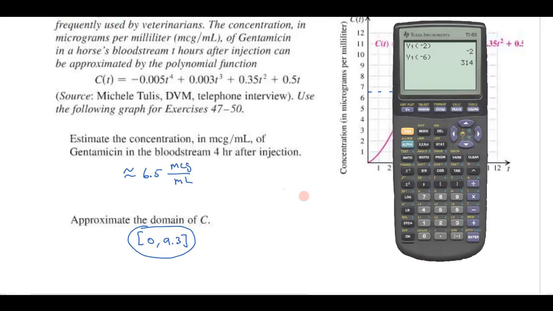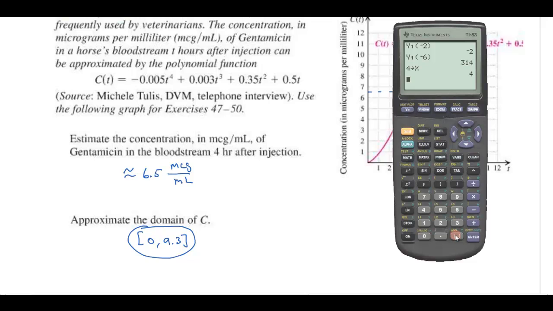Since I only need one value, I'll do this right from my home screen, because I don't have to go anywhere else, and I'm only going to plug it in once. So I'm going to take the 4 hours and store that as x, because I have an x button right here, and that's easier to access than hitting alpha and t. So I'm just going to store that as x, and then I'm just going to plug this in.